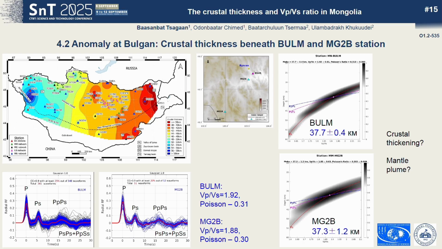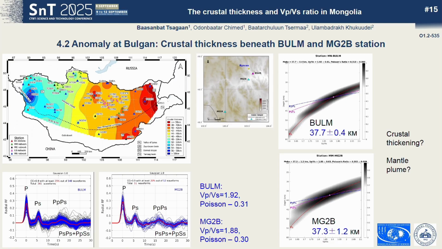the anomaly beneath the BULM station. We observed relatively thinner crust beneath this station. To investigate this anomaly, we installed an additional broadband seismic station near this station. Study results show that the receiver functions observed at these two stations are nearly identical.